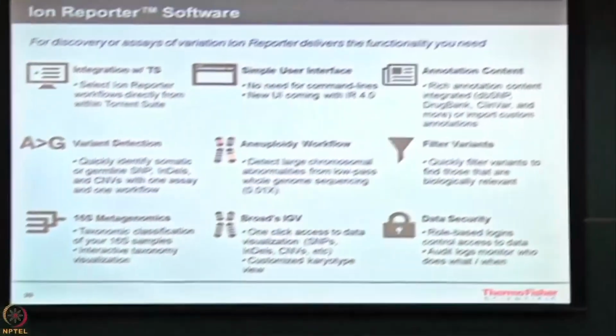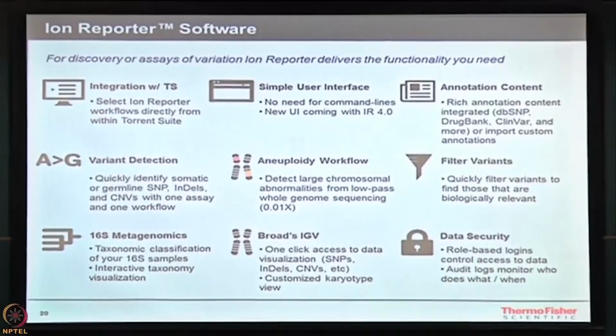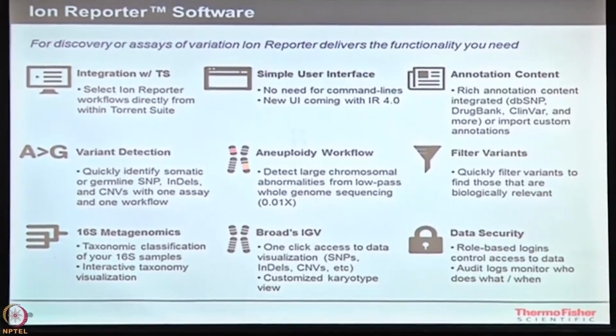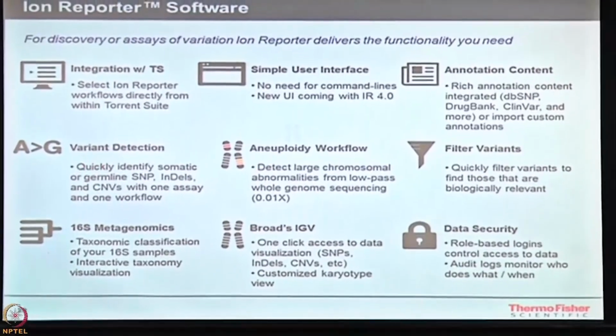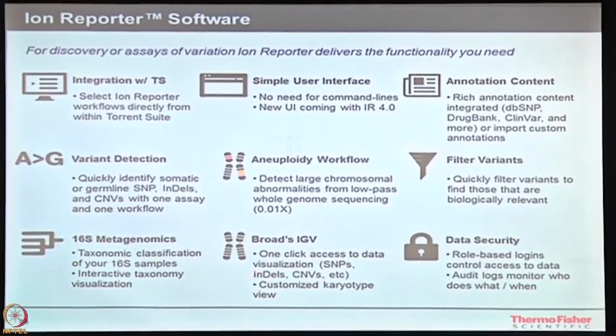Okay. So in Ion Reporter software, I'll be detecting different things. Ion Reporter software is not just for your variant analysis actually. There are lots of other tools that are also available in Ion Reporter. We have something for variant detection, that is one. But we also have something called 16S metagenomics.